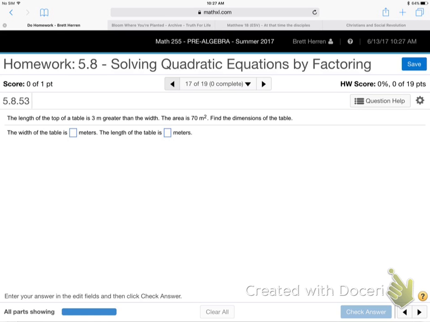Half base times height. For the triangle one? Yes. Yeah, half base times height. You gotta get rid of that half right away by multiplying this by 2.